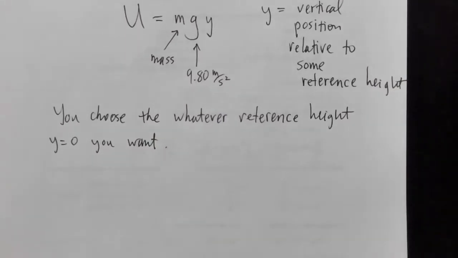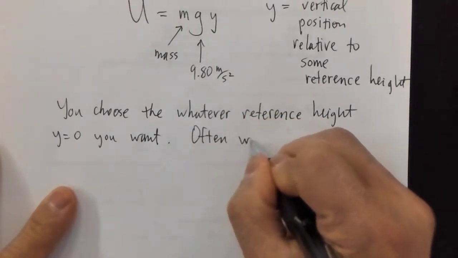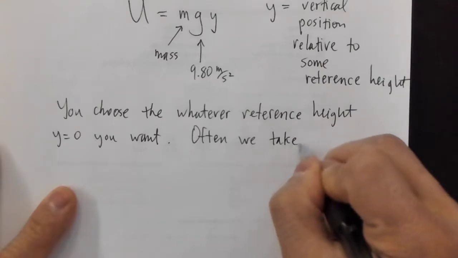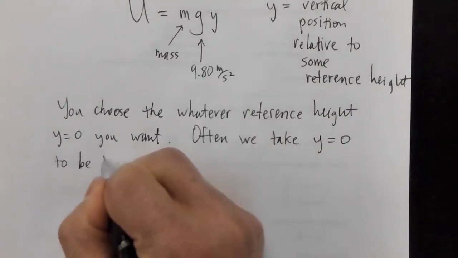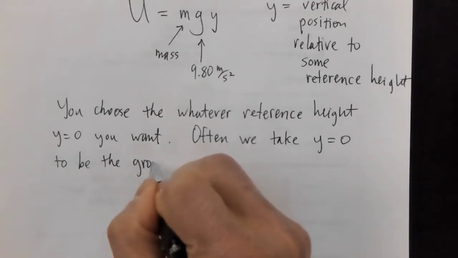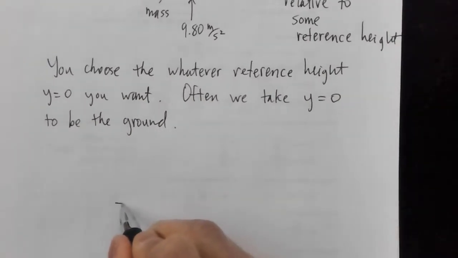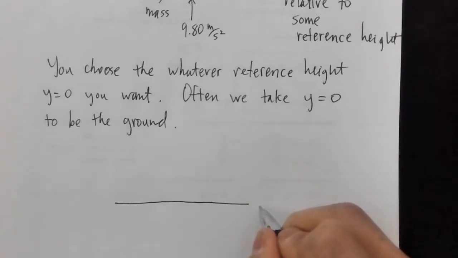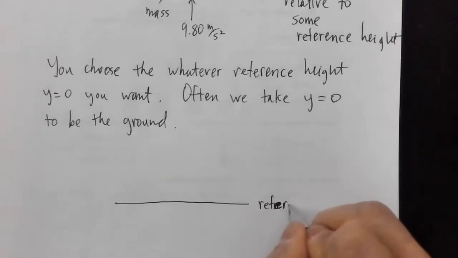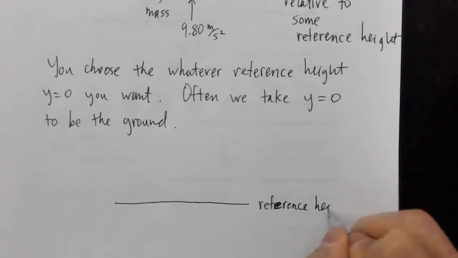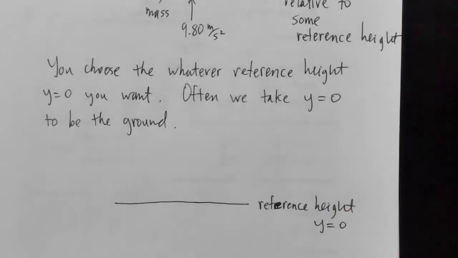Okay. Often we'll take it to be the ground, but it doesn't matter. Often we take y equals 0 to be the ground. And so the idea is now if we have some reference height, this is y equals 0.